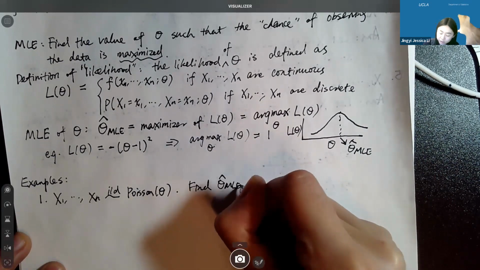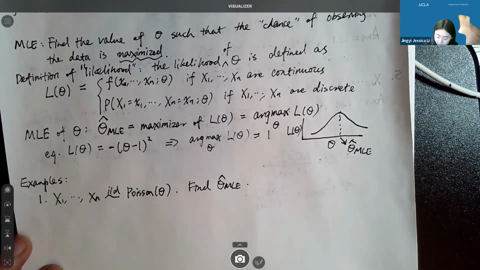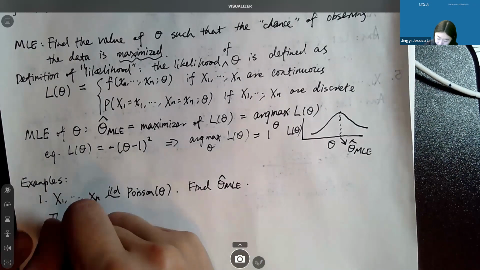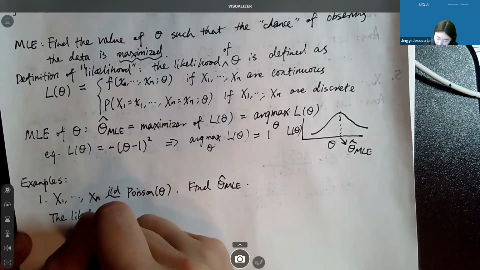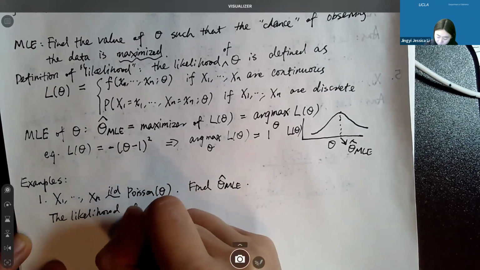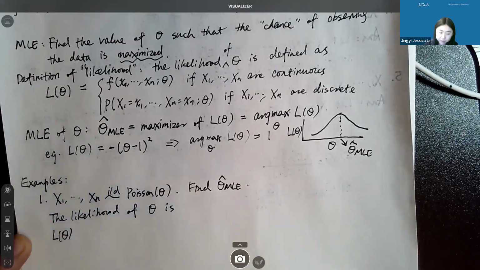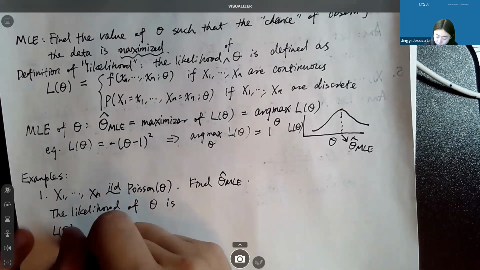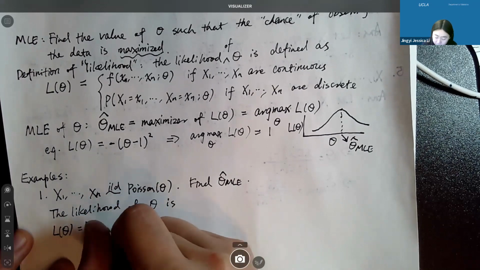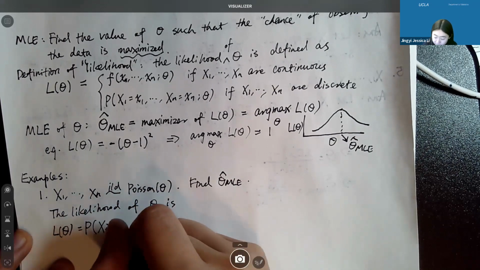Based on what we derived above, we know the likelihood of theta, we call this L(theta), is defined as the joint probability mass function.